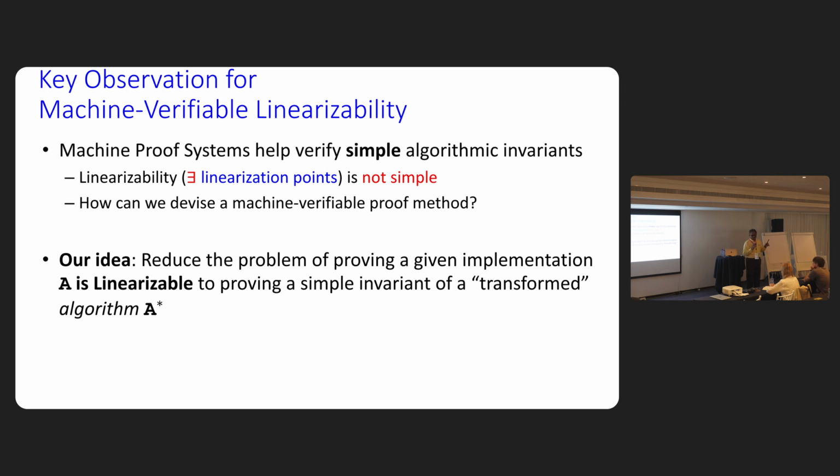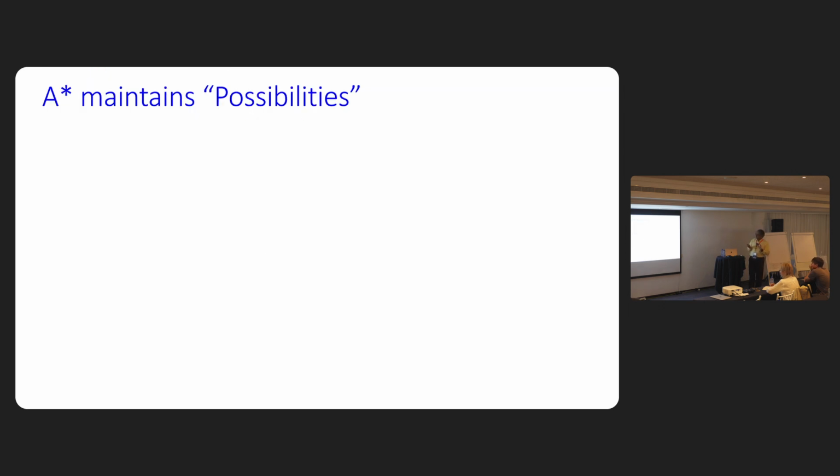Of course, that raises the question of what this transformation is going to be. To understand it, the main thing to remember is that A star, this transformed algorithm, maintains possibilities. Okay? A star is like the original algorithm, but in addition it maintains a variable which stores possibilities.